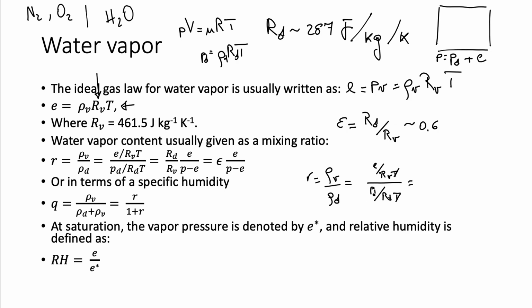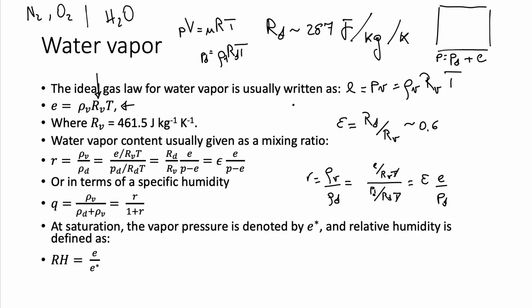So this is 1 over R_v over 1 over R_d, which is R_d over R_v, which we define here as epsilon, times e over p_d. It makes sense: they're at the same temperature because it's a mixture.